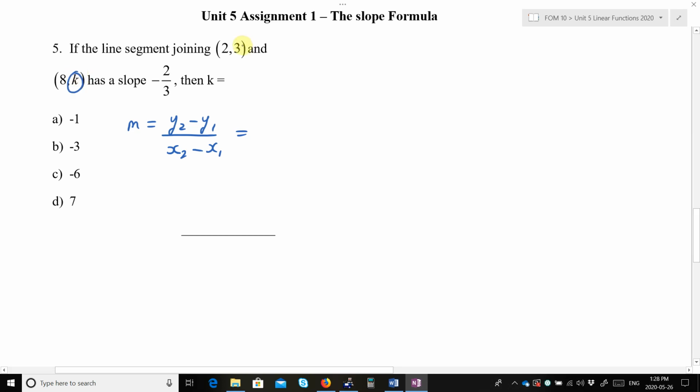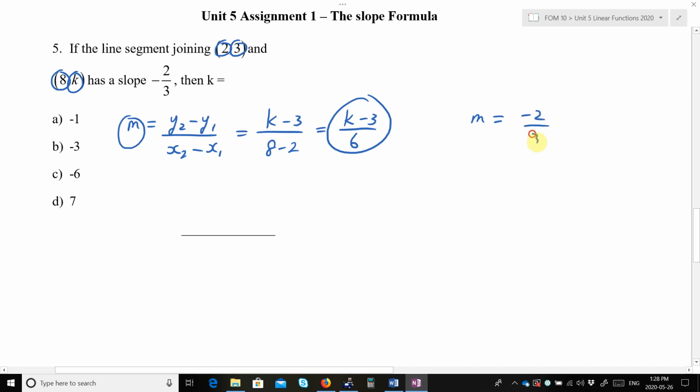Let's go y2 minus y1, so k minus 3 over x2 minus x1, 8 minus 2, so we get k minus 3 over 6. So that's an expression for the slope, okay, but they also tell us that the slope is equal to negative 2/3. Okay, so it has to be that k minus 3 over 6 equals that negative 2/3.